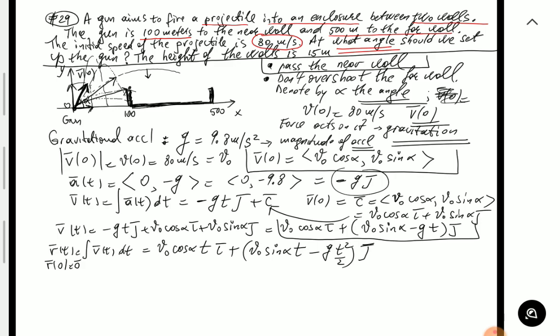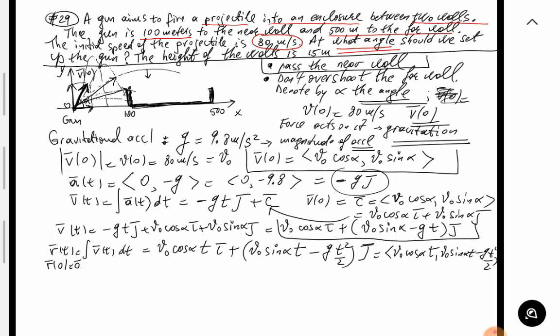All right, so that is the position vector. From this point on, if you prefer to use it by components, you could do that. You can write it as v naught cosine of alpha t, v naught sine of alpha t minus gt squared over 2. Same idea.